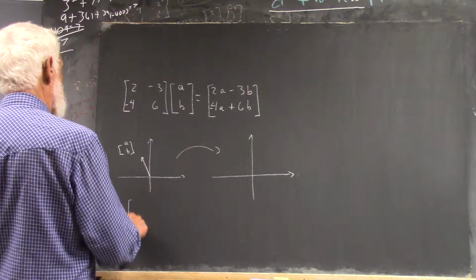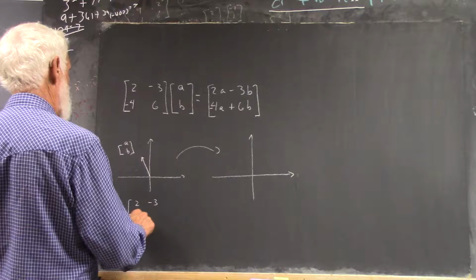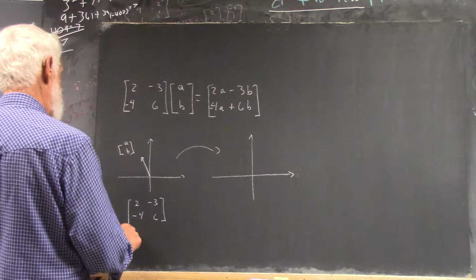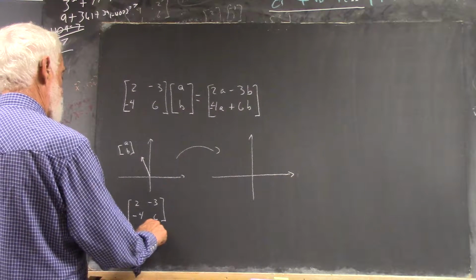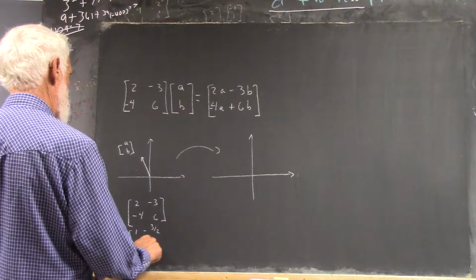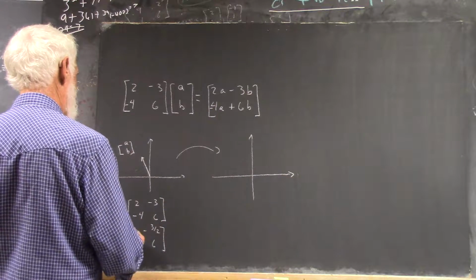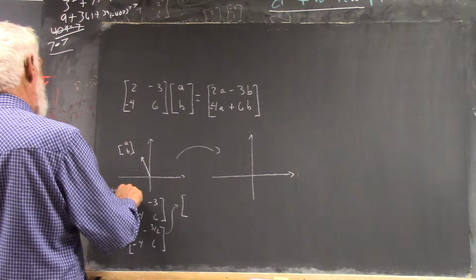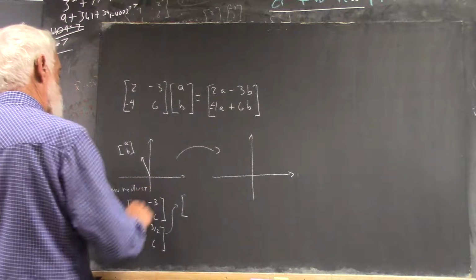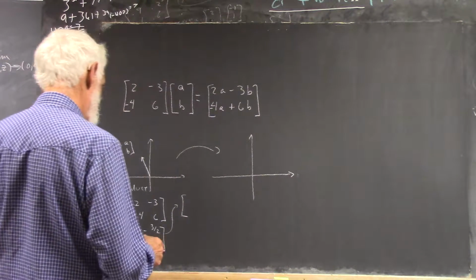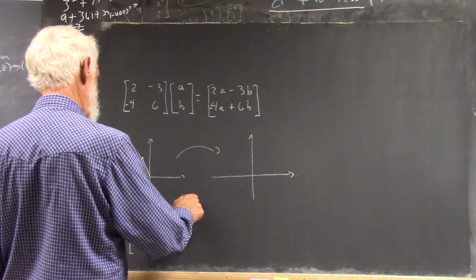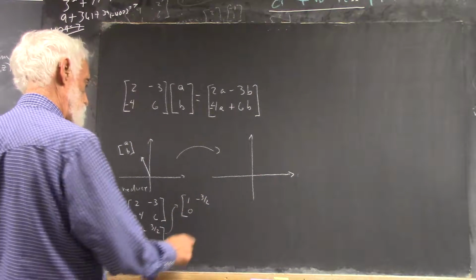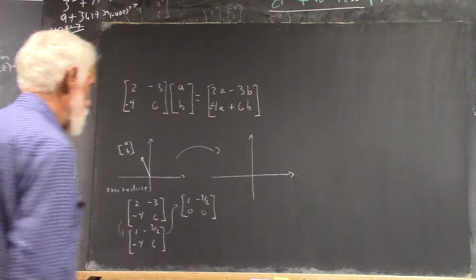If we row reduce this matrix, this is what happens.